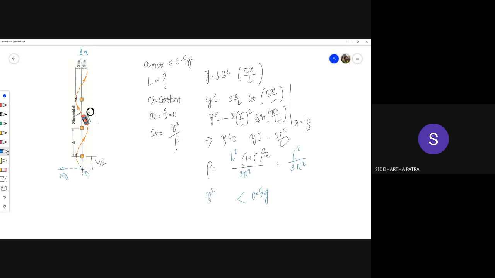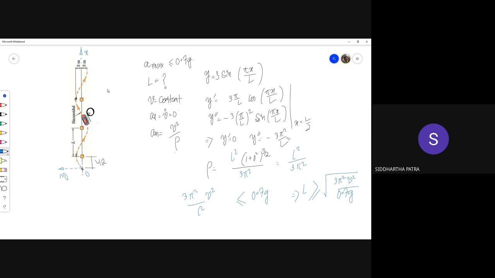So v squared times 3 pi squared divided by L squared should be less than 0.7 g, or that means L should be greater than or equal to the square root of 3 pi squared v squared over 0.7 g.